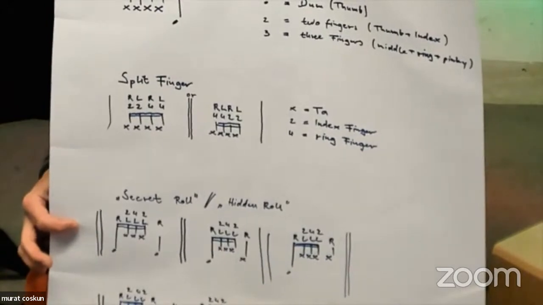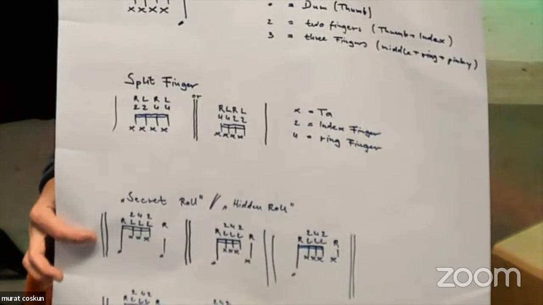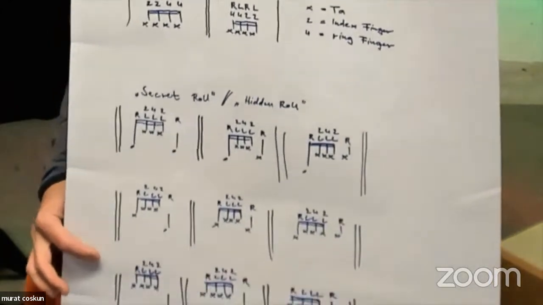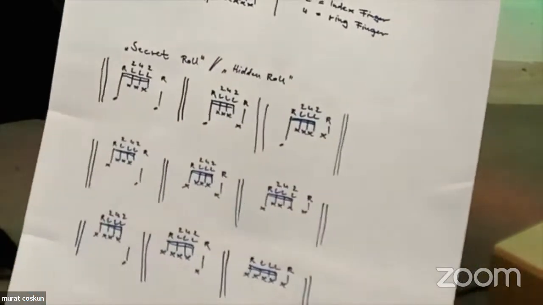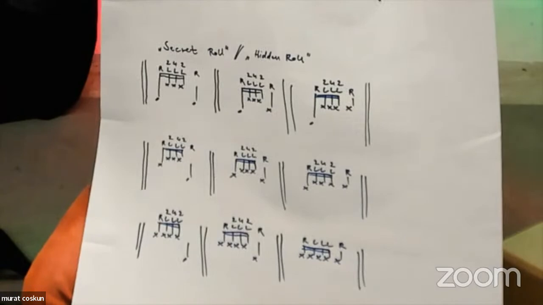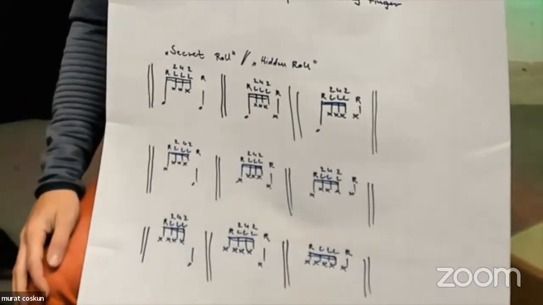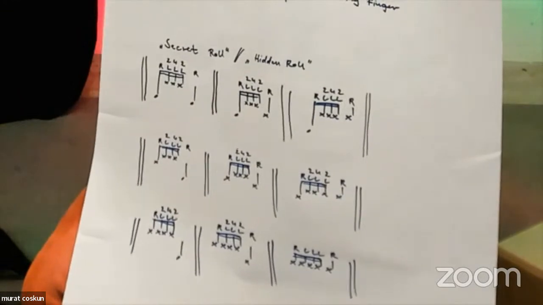What I showed you was this first exercise from doom to doom, and in general, with any rolls that you practice, ideally you want to be able to go from every sound to every other sound.